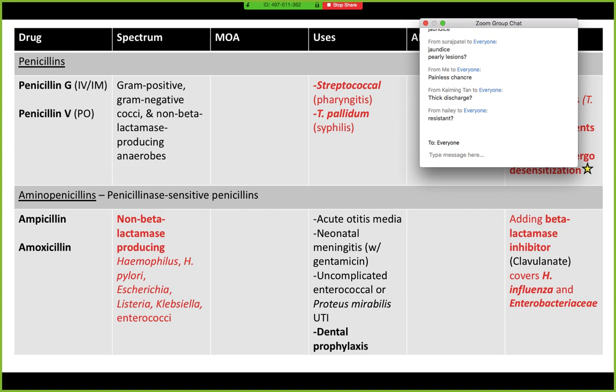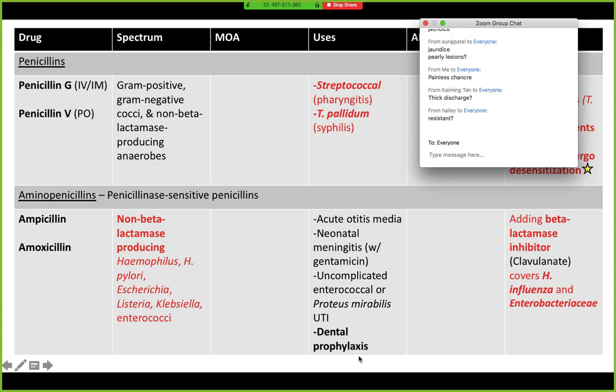So amoxicillin is sensitive to being inactivated by a penicillinase. So if that's the case, you need to add a beta-lactamase inhibitor. So that's why you see in combination amoxicillin and clavulanate. Because amoxicillin is penicillinase or beta-lactamase sensitive, you need a beta-lactamase inhibitor to protect your drug and allow the amoxicillin to work. So that's the biggest thing I would know here.